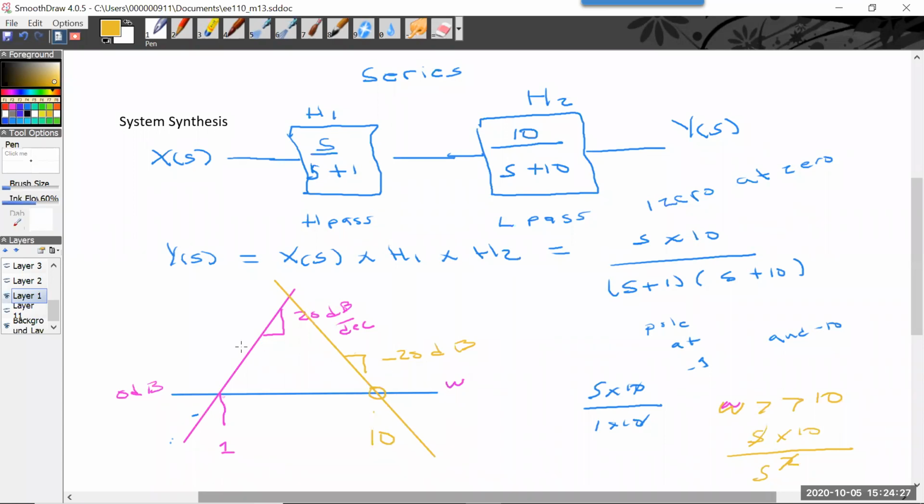And then there'll be a spot in the middle where it's flat. And so this is a bandpass.